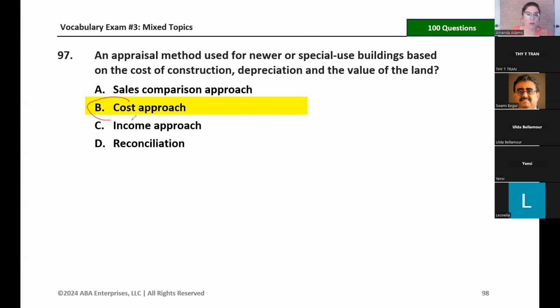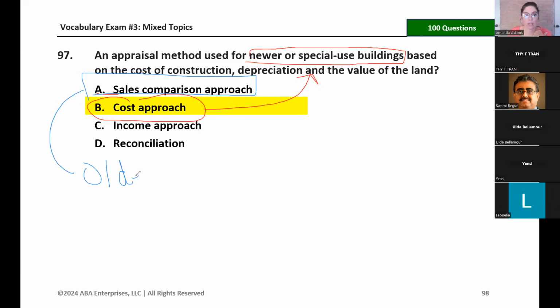There's the cost approach, and this is for newer or special use buildings, where we literally have to calculate how much it would cost to recreate them, how much value they've lost, and the value of the land. Sales comparison approach is what we use for older residential houses, in neighborhoods where houses resell on a regular basis.